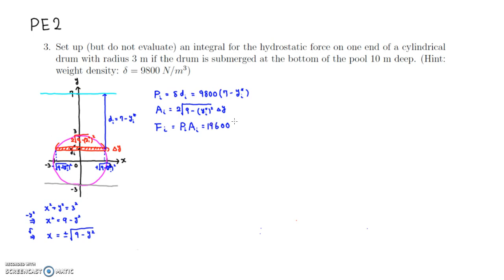Then there's 7 minus yi star times the square root of 9 minus yi star squared, and then we have delta y. So that's the hydrostatic force just on that piece.